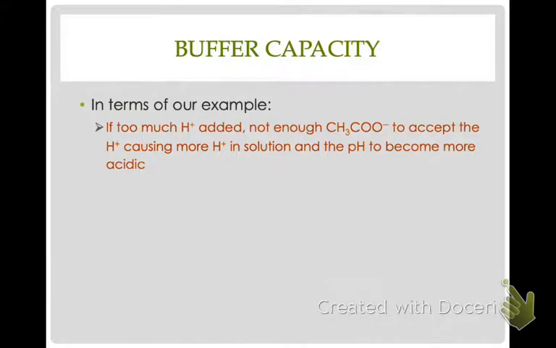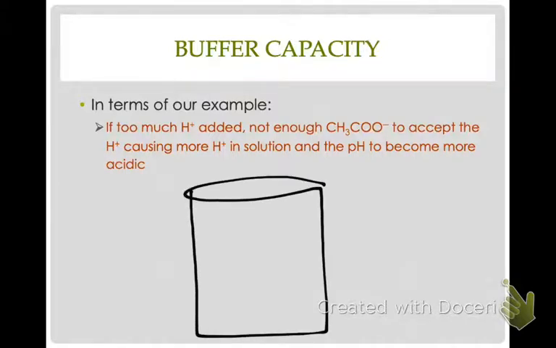So in terms of our example, again, I'm going to draw our system on the slide. In here we have our ethanoic acid, and we have our ethanoate ions, like so. And again, we also have the sodium.